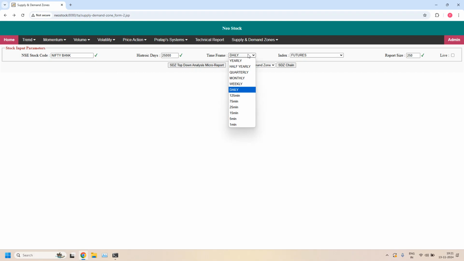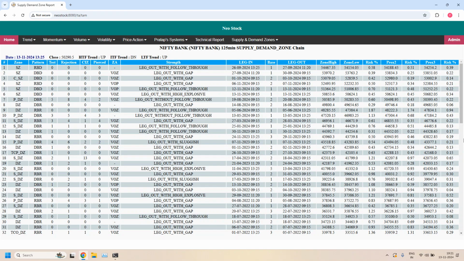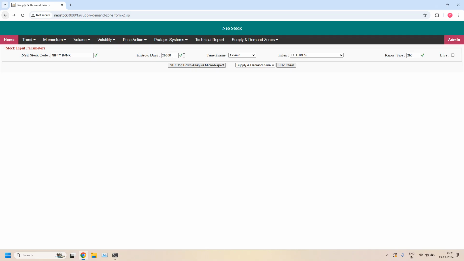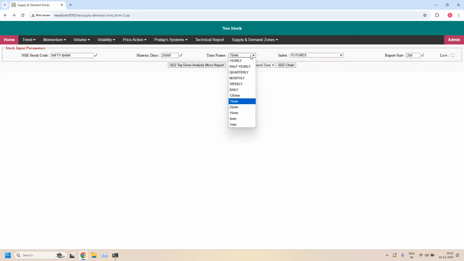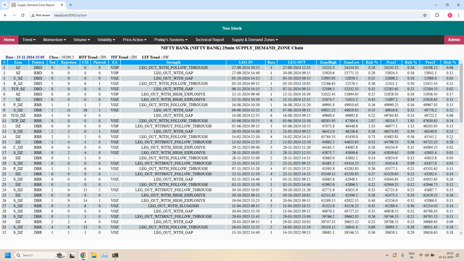The next time frame is 125 minutes, generating 125 minute supply demand zone chain for BANKNIFTY. Next time frame is 75 minutes, and this is 75 minutes supply demand zone chain for BANKNIFTY. Next time frame is 25 minutes, and this is a 25 minute supply demand zone chain for BANKNIFTY.